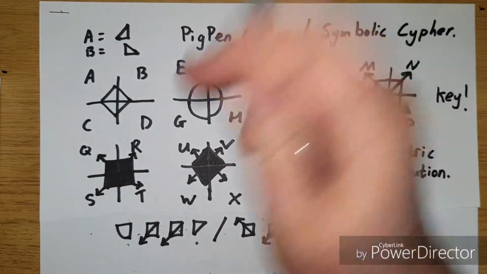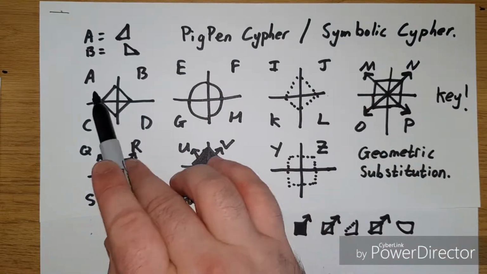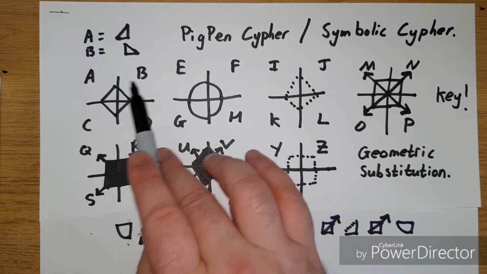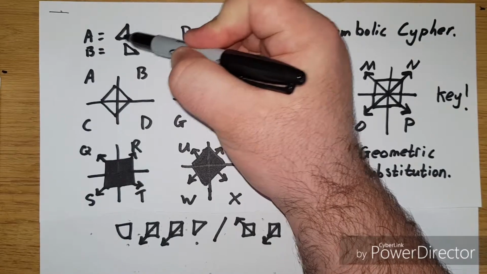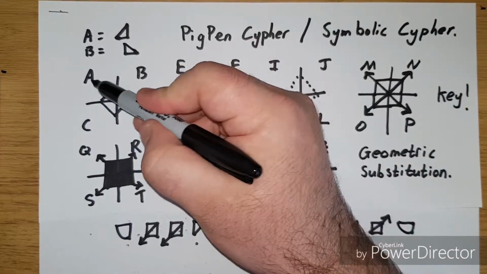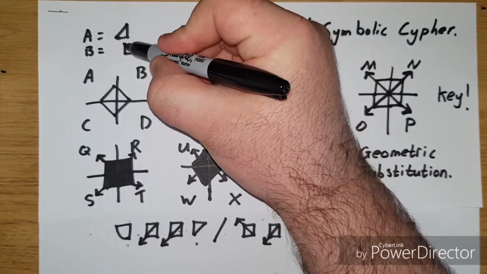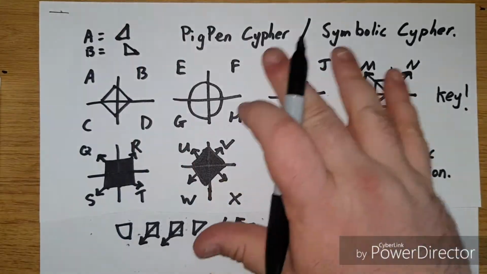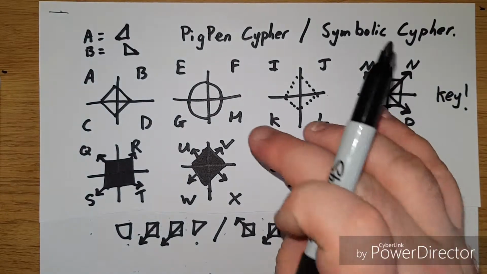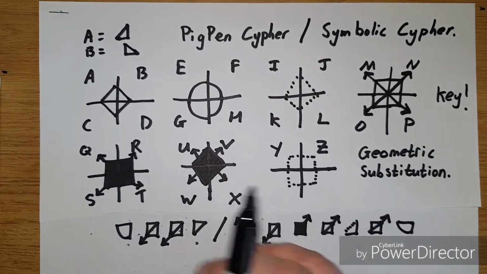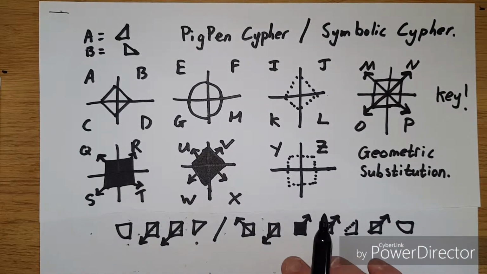So we've got the 26 letters of the alphabet, and it's split into 4 quadrants. Each quadrant is representing a letter. So A is a triangle in this direction. So A becomes that. B becomes a triangle in this direction. So as I say, it's a symbolic cipher, a geometric substitution. So we're using these symbols to create 2 words, a 4-letter and a 7-letter word.